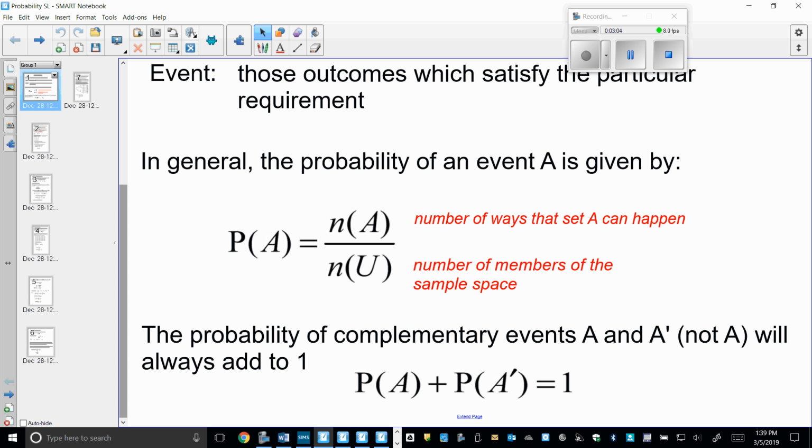Right, okay, so do you remember this dash? Not. Yes, excellent. So the probability of A happening plus the probability of A not happening will always equal 1. Be careful though: if you have situations like sports games, you can win, you can not win, so those probabilities will always add up to 1.